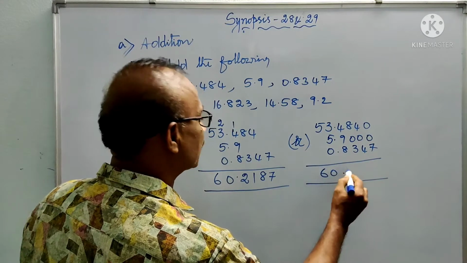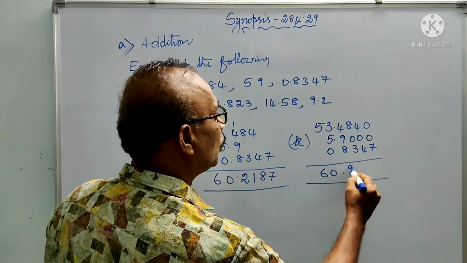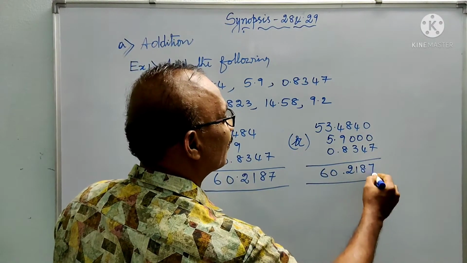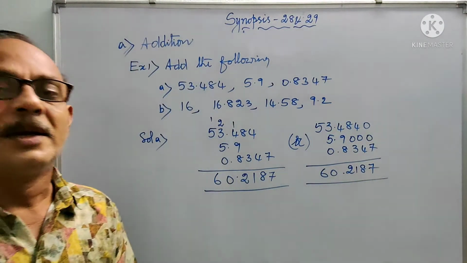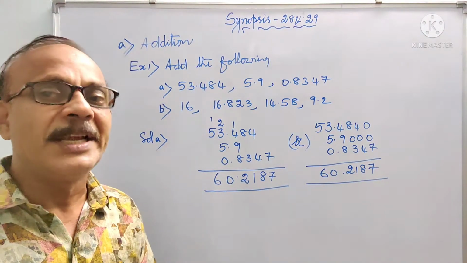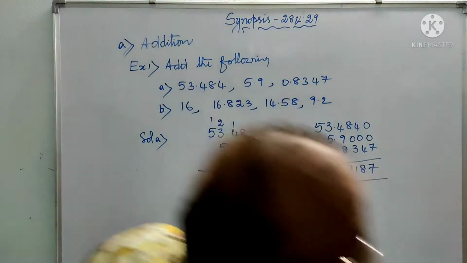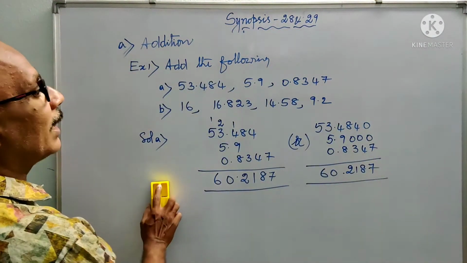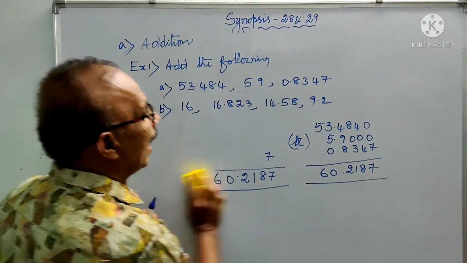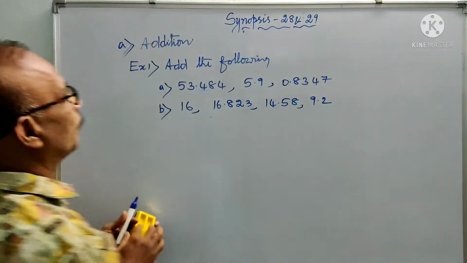You get the same answer, 60.2187. So you can add any decimals, any number of decimals, 2 or more decimals in this way and find their sum.